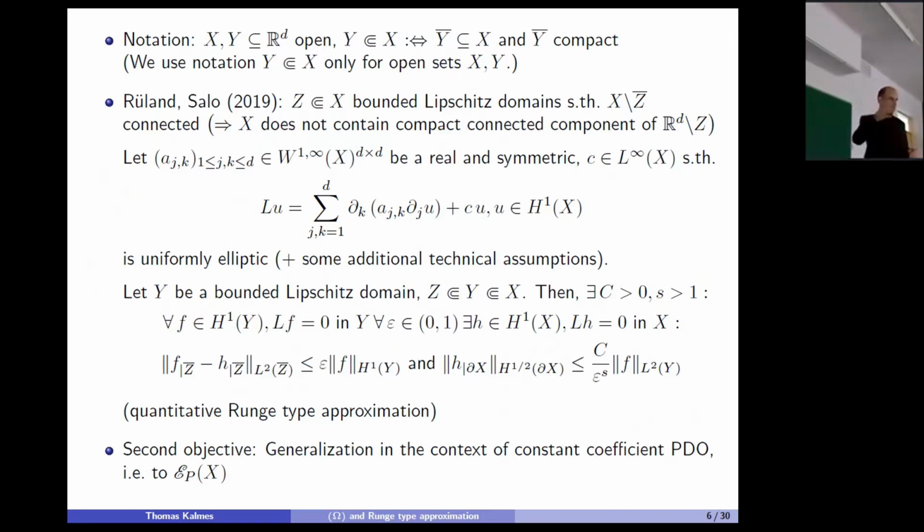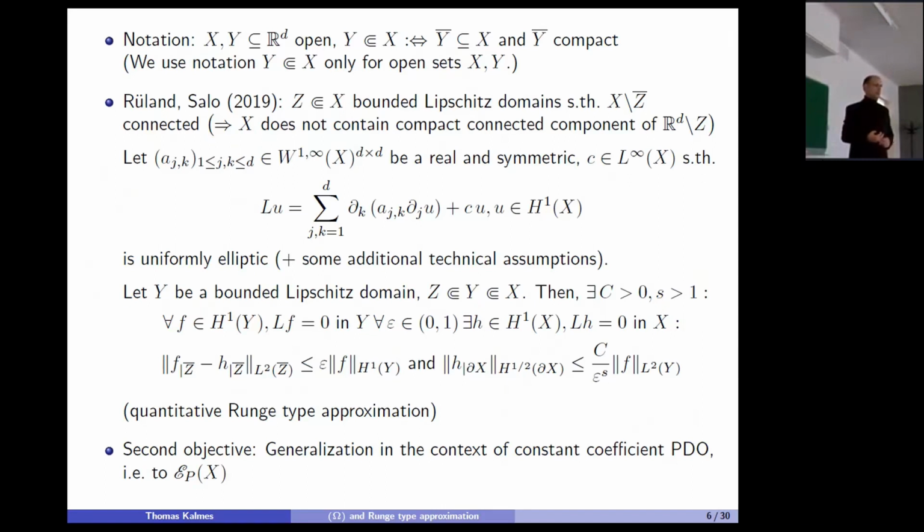So you have some multiplicative inequality, but we did not have the time to look into this. So there is some hope, let's say, to use the tools of Rüland-Salo to prove property omega for the kernels of variable coefficient elliptic operators. But the result is really technical, and we did not manage to study it in full detail up to now.